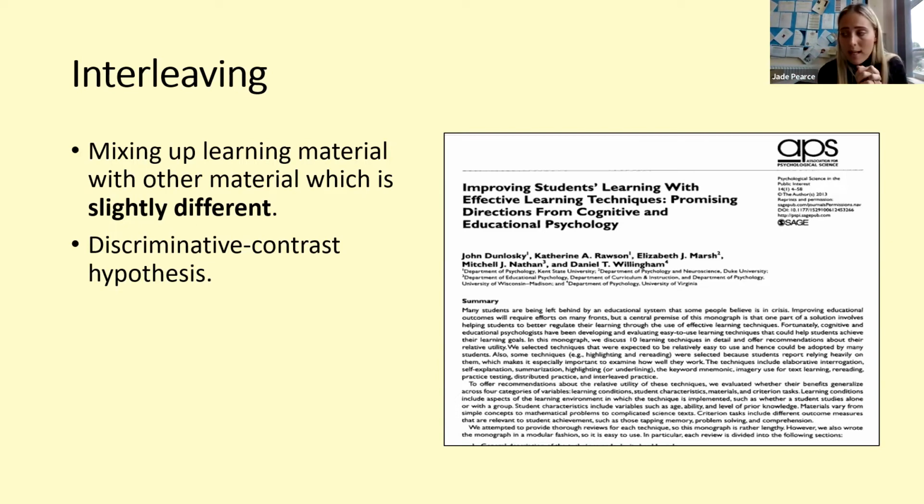Interleaving would also be if you were looking at geography and you were looking at a glacier and an ice sheet and an ice field, because they have to be able to identify and define those three things. If you looked at all of them together, because they're similar and because students confuse them, that would be interleaving. But it wouldn't be interleaving if you had a question on a glacier and then a question on tectonic plates and then a question on natural hazards.